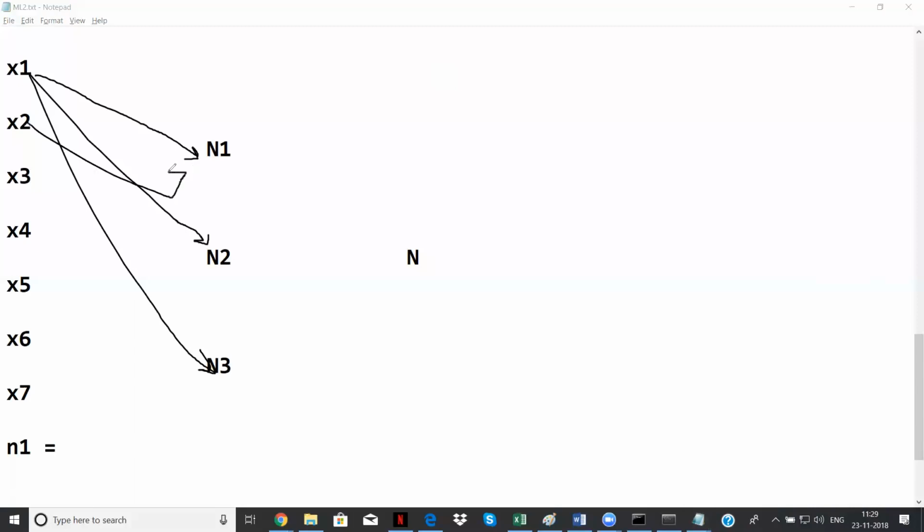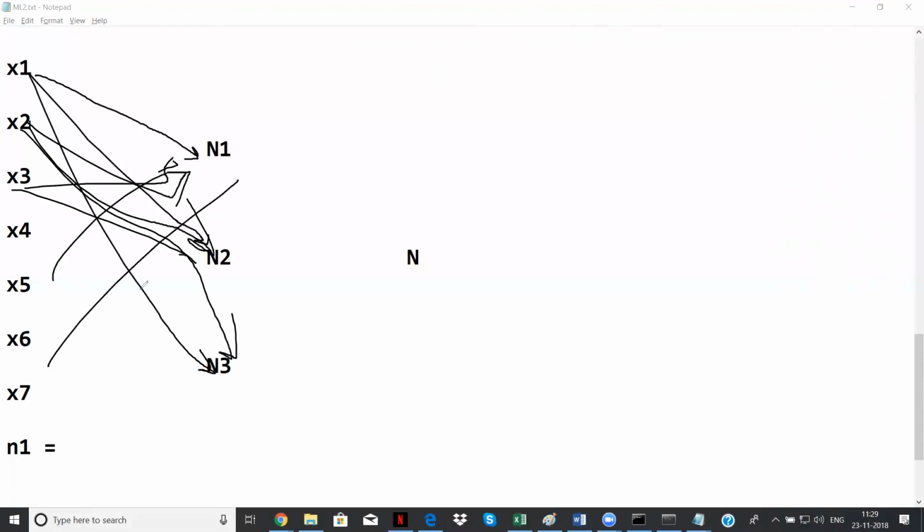x2 has links with n1, x2 would be linked to n2, x2 would also be linked with n3, x3 with n1, x3 with n2, and so on. The entire diagram continues like this.